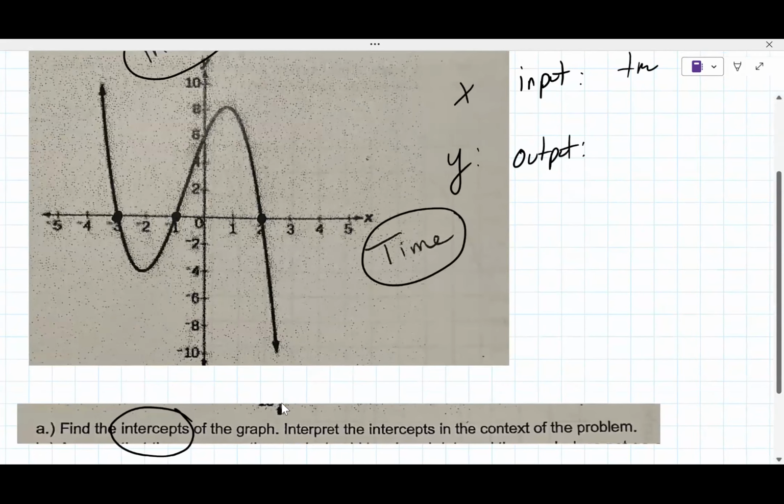There are three x-intercepts. Can you give me those? What are the three x-intercepts?